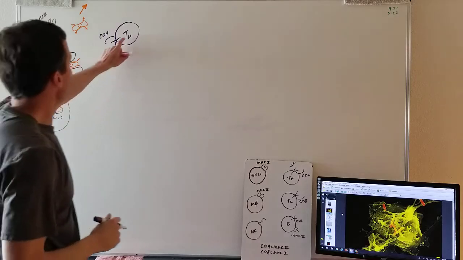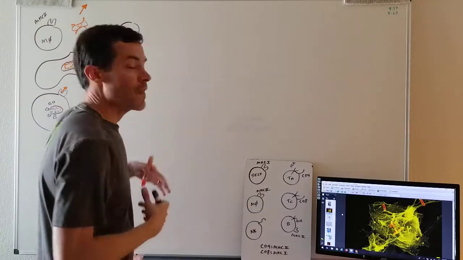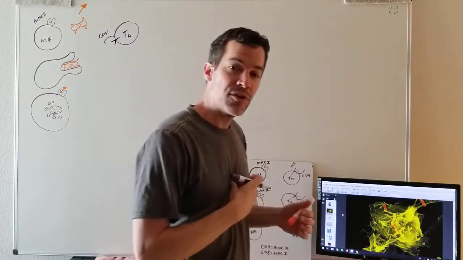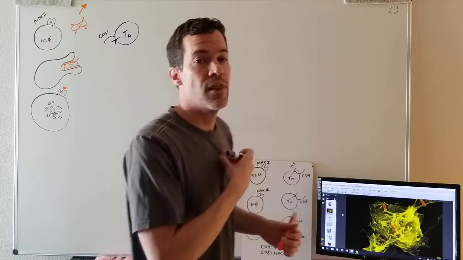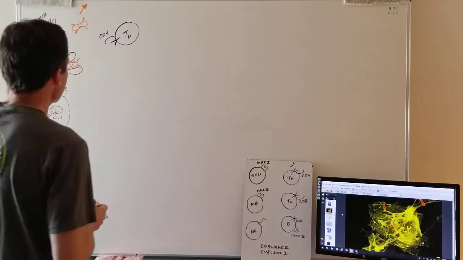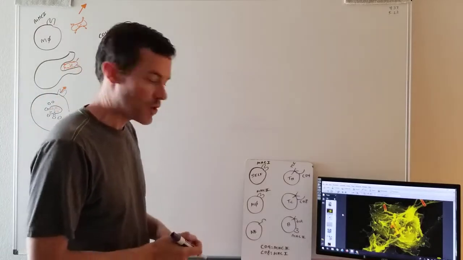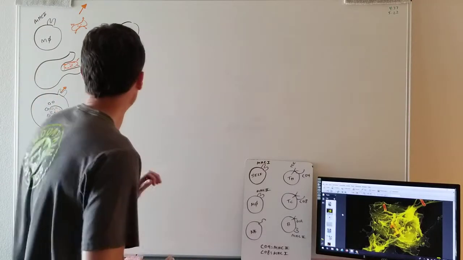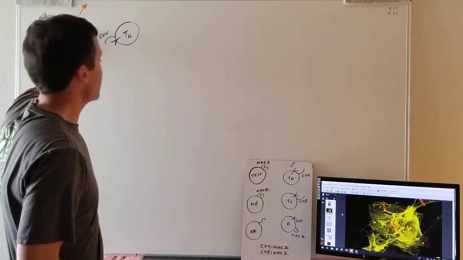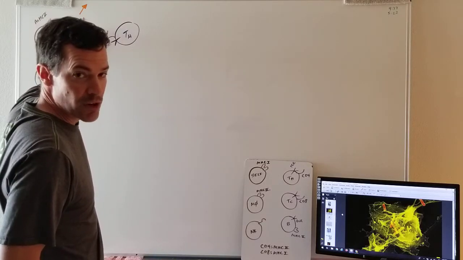Now, helper T cells mature in the thymus. Remember, T cells, thymus, not thyroid, thymus, on top of your heart. And those receptors are made at random. So here's the thing that's kind of weird. Pretend this is the first time for my body to ever encounter this particular bacterium.